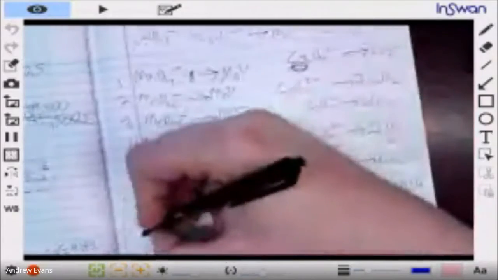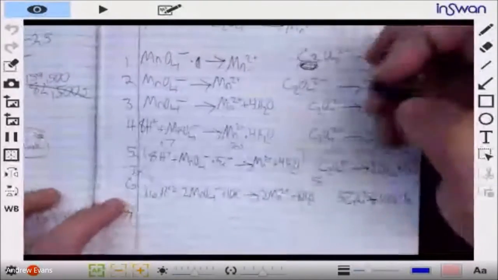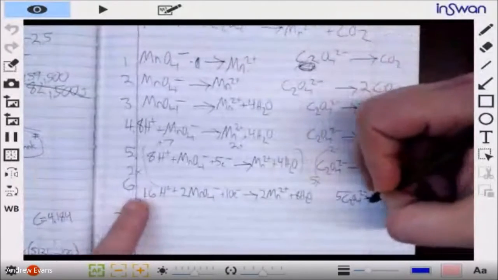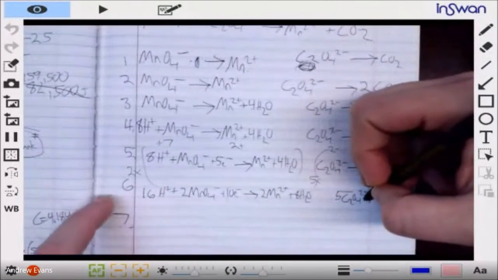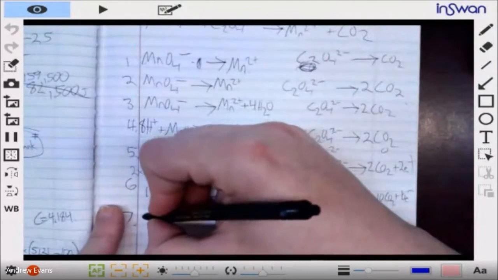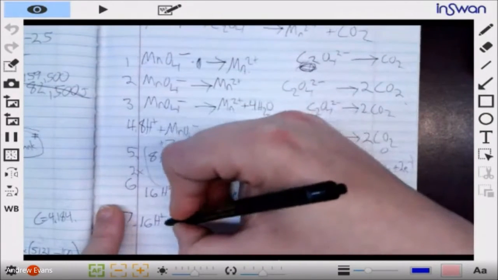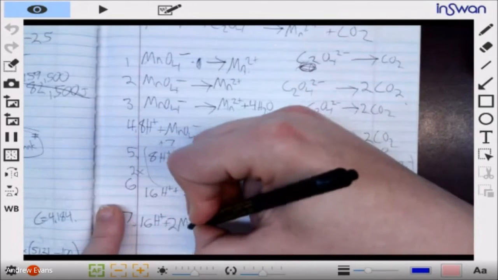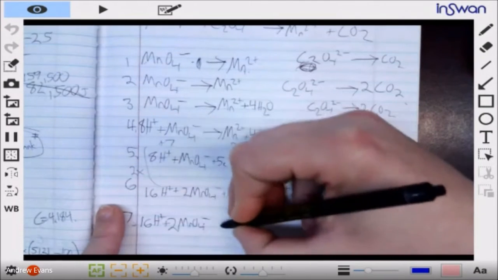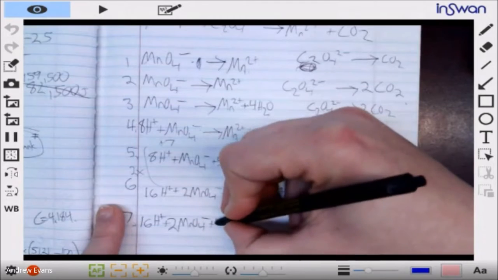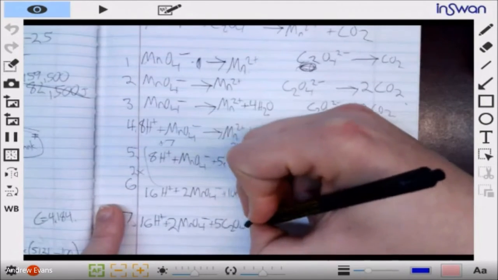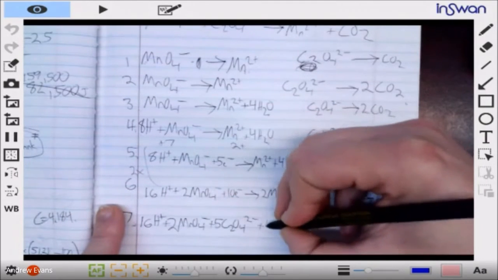Now step 7 is we add both reactions together. Everything on the left side of the arrow gets added up. Everything on the right side of the arrow gets added up. 16 H+. It doesn't really matter the order. The order doesn't matter. 2 MnO4 minus, 5 C2O4 2 minus, 10 electrons.